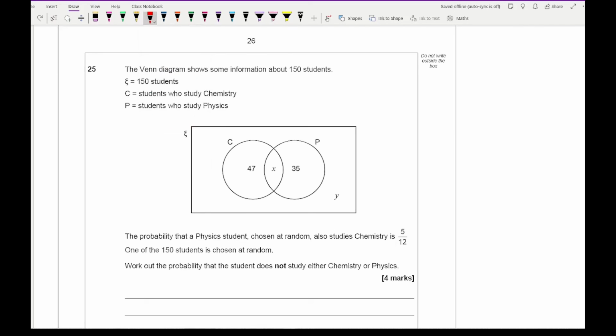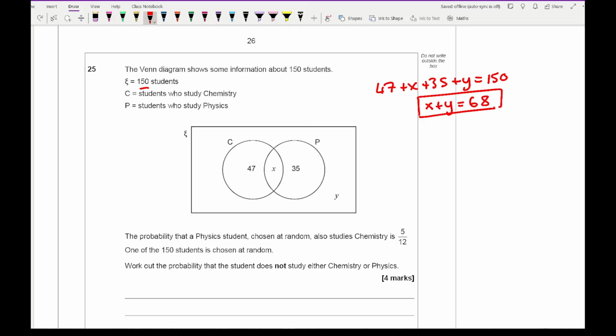So looking at this, we know that 47 plus x plus 35 plus y should all add up to 150. So from this, what I can then do is simplify all of this, and I get x plus y equals 68. And what I'll do is I'm just put a little box around that.